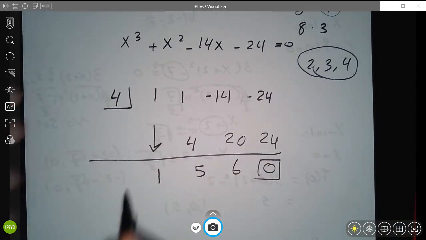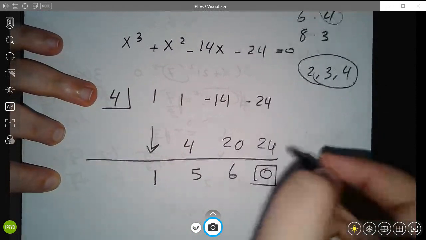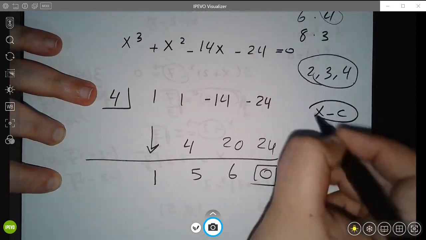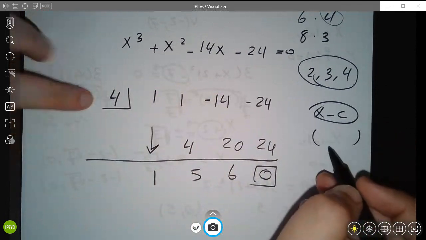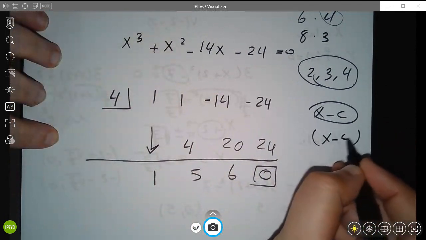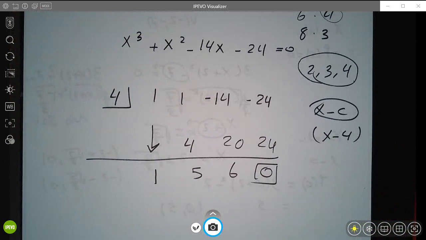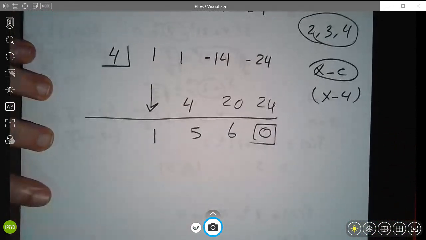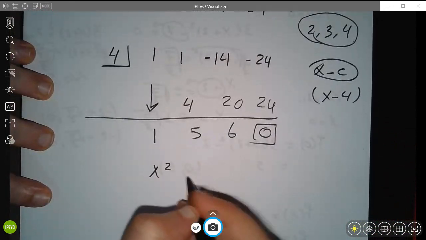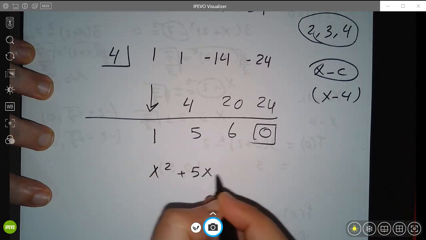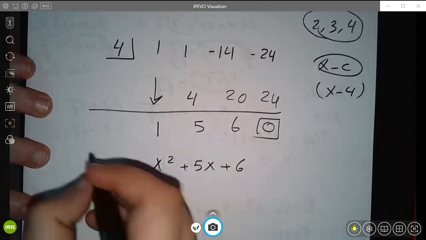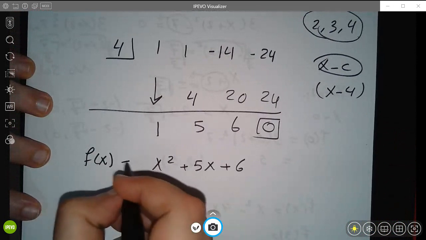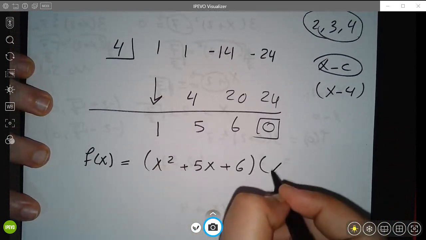It worked. Since I have a 4 here, that means, with the x minus c idea, that the pair of parentheses I divided the function by is x minus 4. And the quadratic I'm left with is x squared plus 5x plus 6. So my function now, f of x, the one we started with, looks like this.